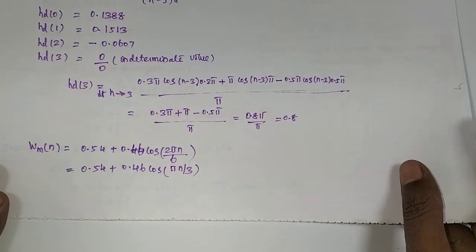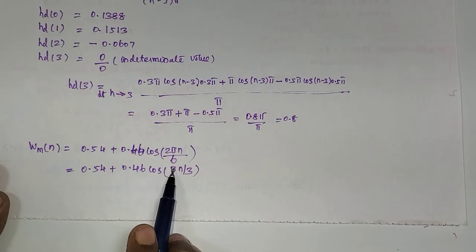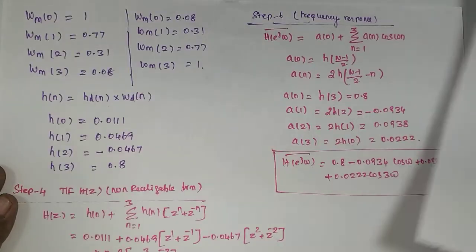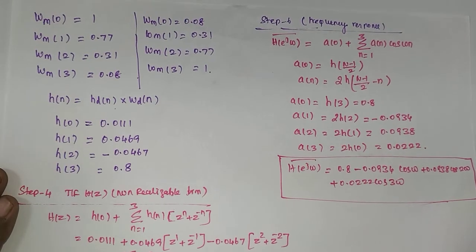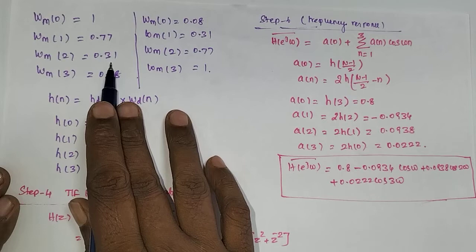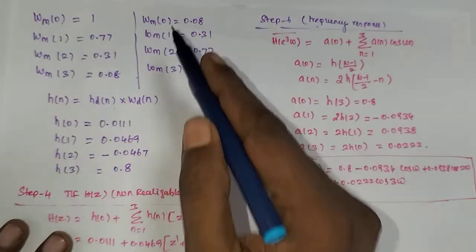Next, apply the Hamming window: 0.54 plus 0.46 into cos 2 pi n by 6, which is 2 pi n by 3. And then find the value for different n values 0, 1, 2 and 3. So 1, 0.77, 0.31 and 0.08 for n equal to 0, 1, 2 and 3 respectively.